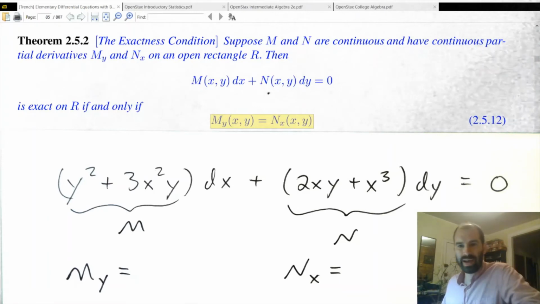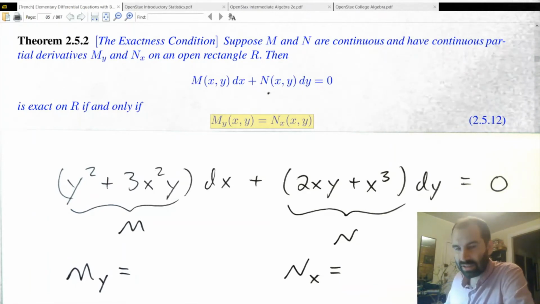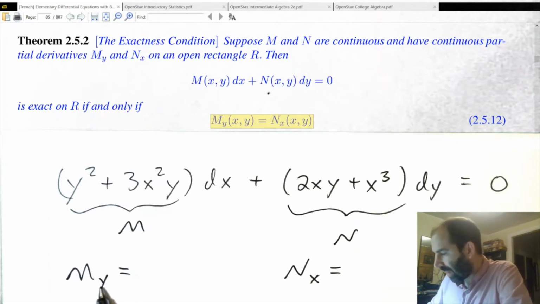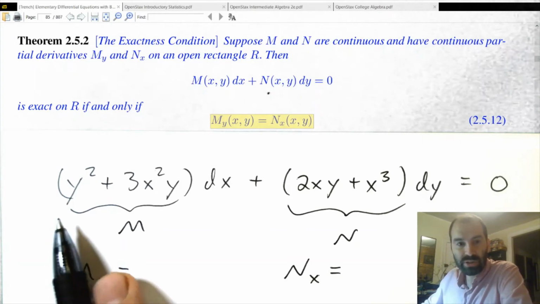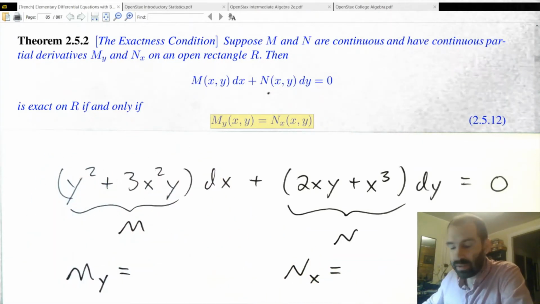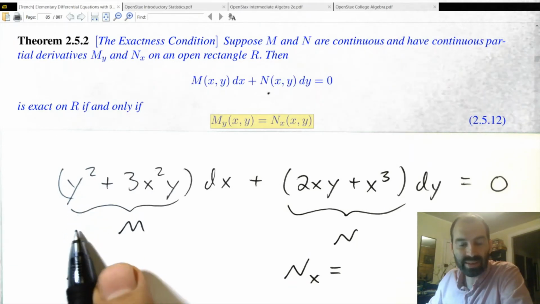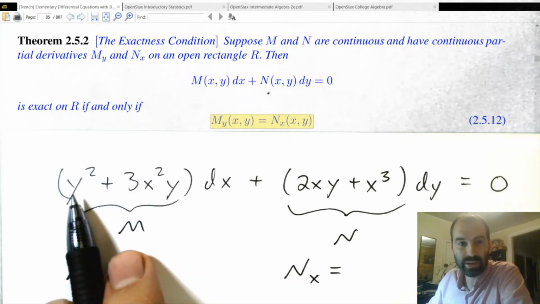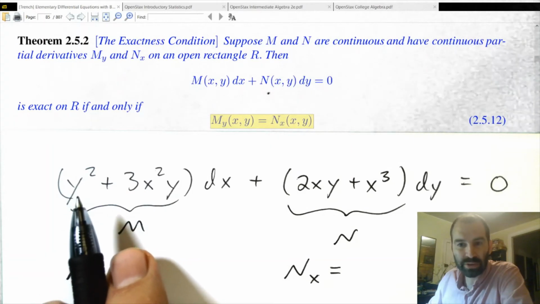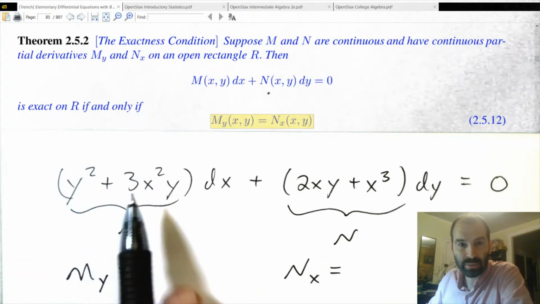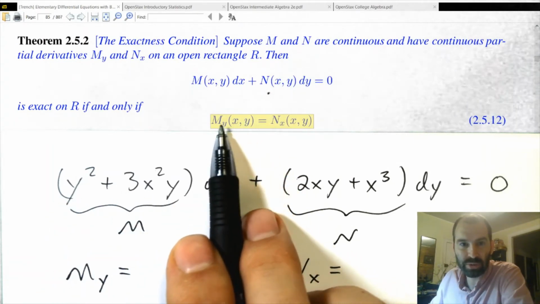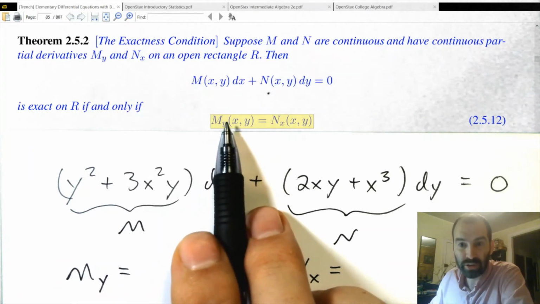Okay, welcome back. Let's check our answers together. M_y: I'm taking the partial of this function with respect to y. When I do that, I'm treating x as a constant. Don't treat x as a function of y. Treat it as a constant. When you have a function of two variables and you take the partial with respect to one, treat the other one as a constant.